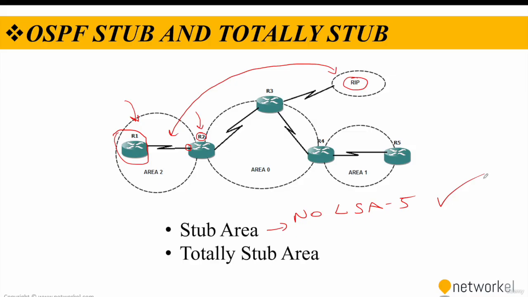So in a totally stub area, not only the external routes, I mean the type 5 LSAs, are excluded, but also type 4 LSAs and the inter-area routes, which are the type 3 LSAs, are excluded as well. So in a totally stub area, there is no LSA 3, 4 or 5.